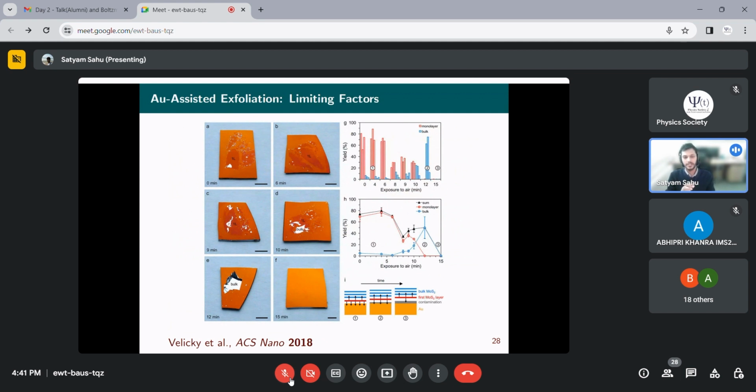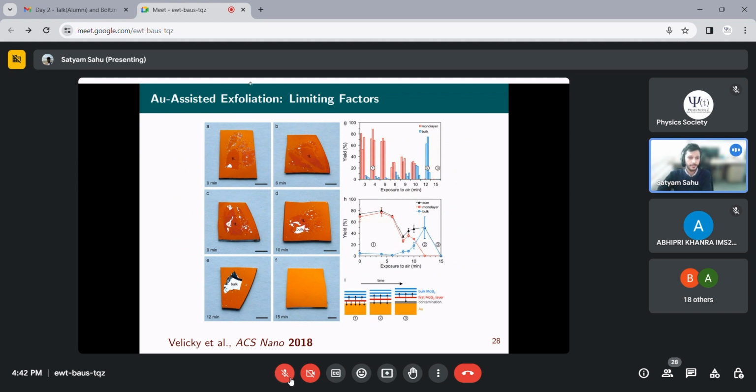What actually happens is, when you deposit the metal on top of the substrate, it will start to get oxidized, and then some hydrocarbons and other contaminants will sit on it. So once you deposit the metal, you should immediately try to exfoliate the flakes on top of it. If you don't, because of the contaminants, you won't get very nice flakes.